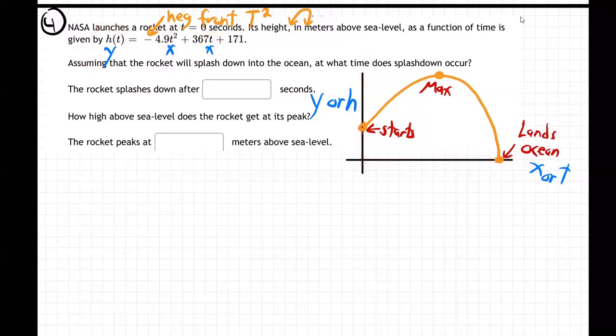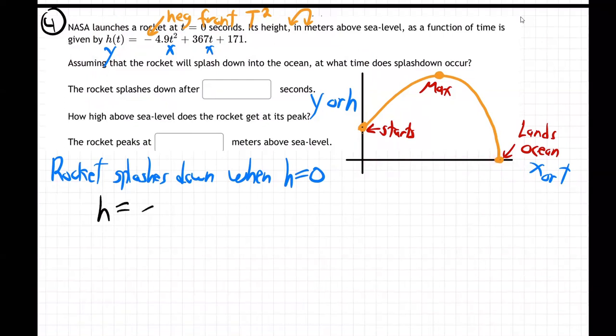Anyway, so they want to know, when does the rocket splash down? Right here. Here's where it splashes down. So let's bring down this part A first. The rocket splashes down when the height is 0, right? When it hits the ocean, its height is 0. So take the formula that they gave us.